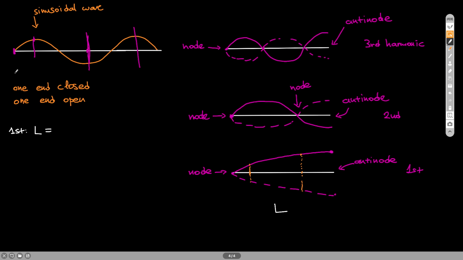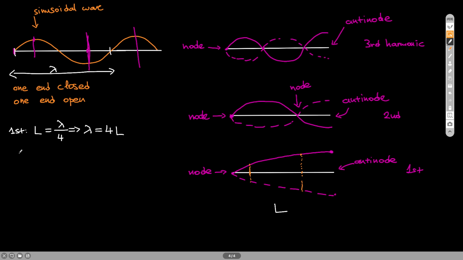From this point to this point is one entire wavelength. Now what I have here is from this point to this point, and since from here to here it is half, I have half of the half, I have 1/4. So the length of the string is lambda over 4, or the wavelength of this first standing wave is 4L for the first harmonic.